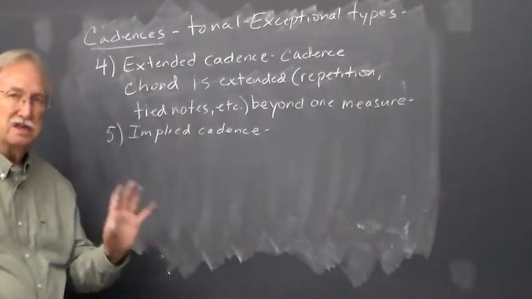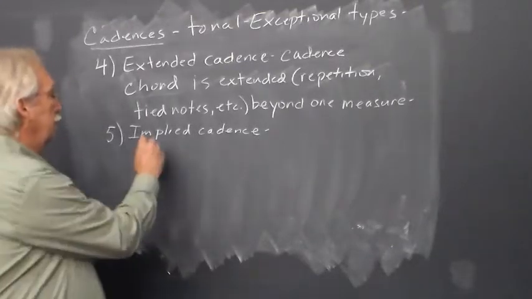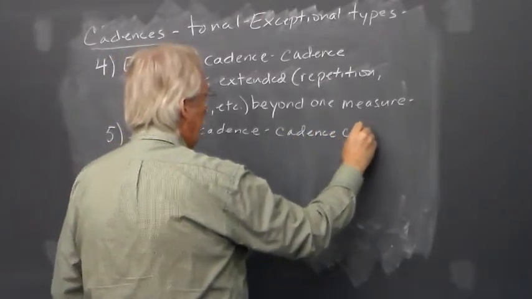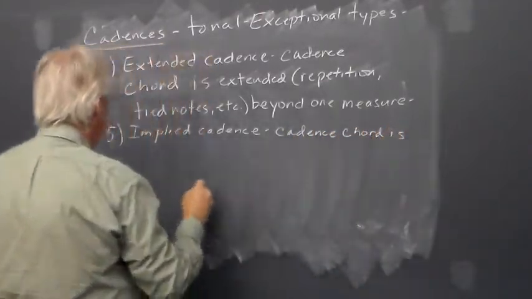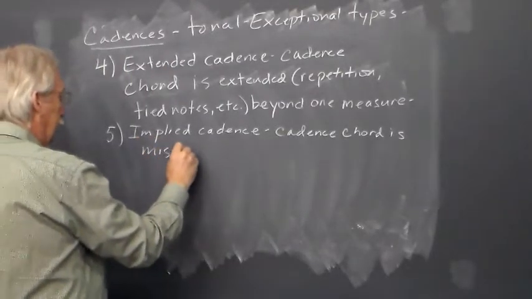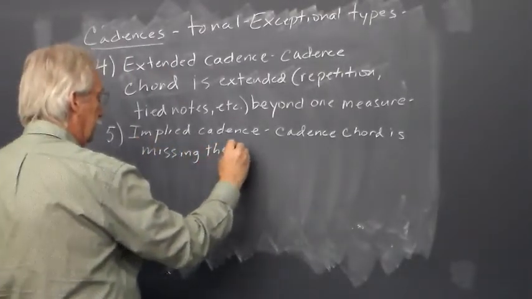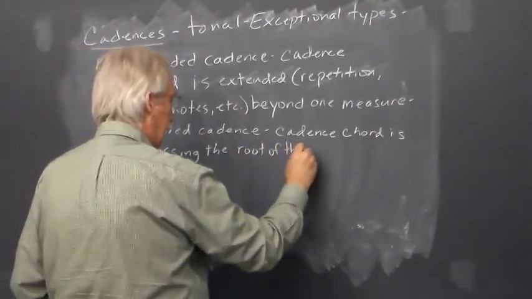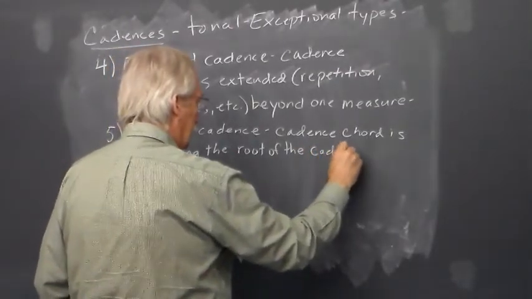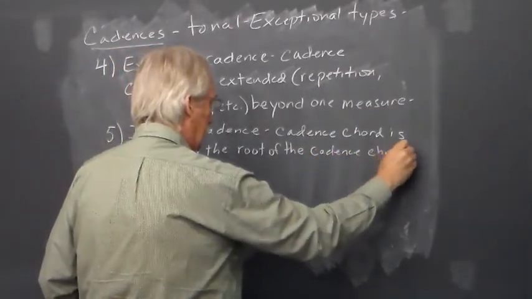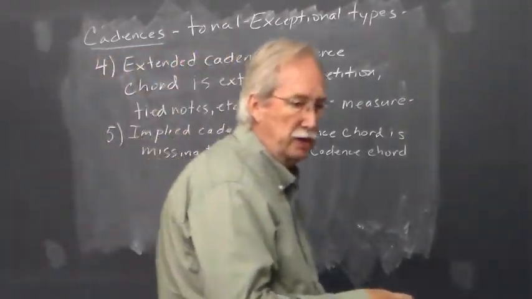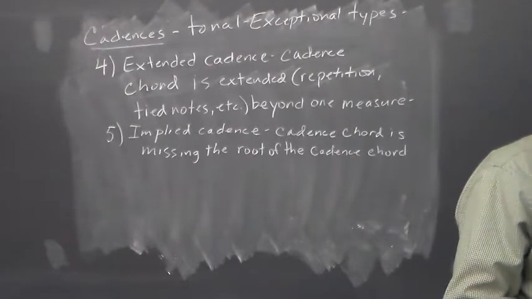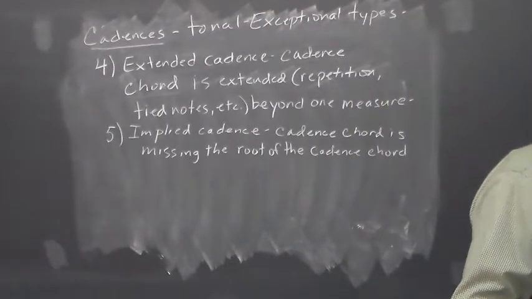So don't say bass, but it's missing the root of the cadence chord. In this example, Mendelssohn's Songs Without Words, the cadence chord is implied on the downbeat of the second measure, measure 21.